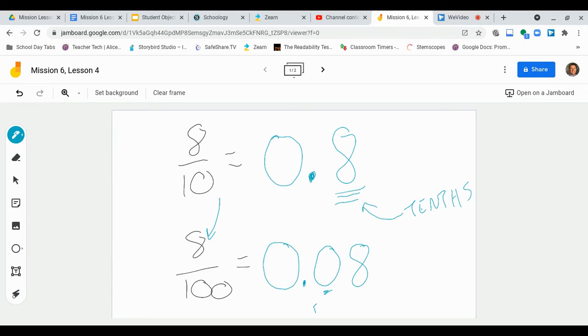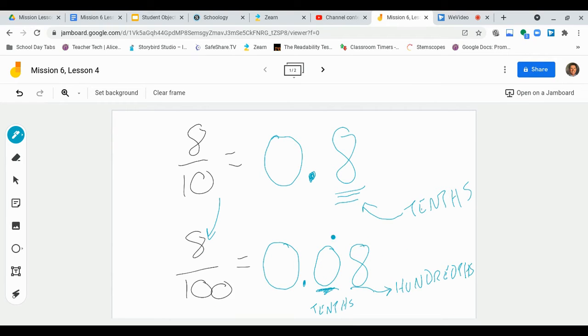And it would look like this. So, again, with decimals, the first spot after the decimal is tenths. The second spot after the decimal is hundredths. Hundredths. Like such. So I didn't have any tenths here. I just had 8 hundredths.